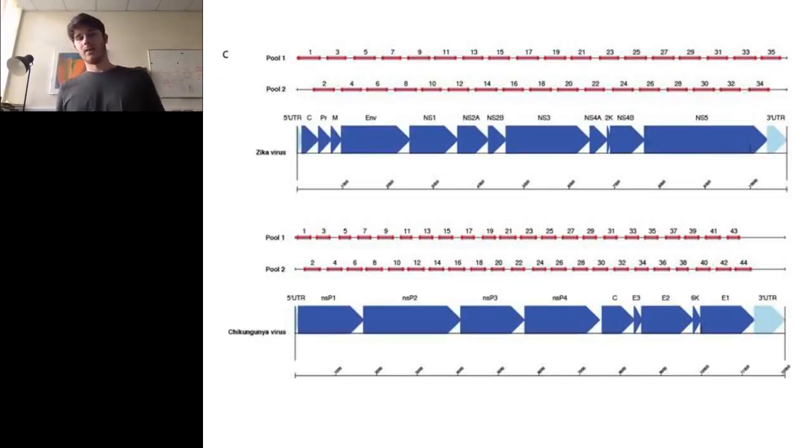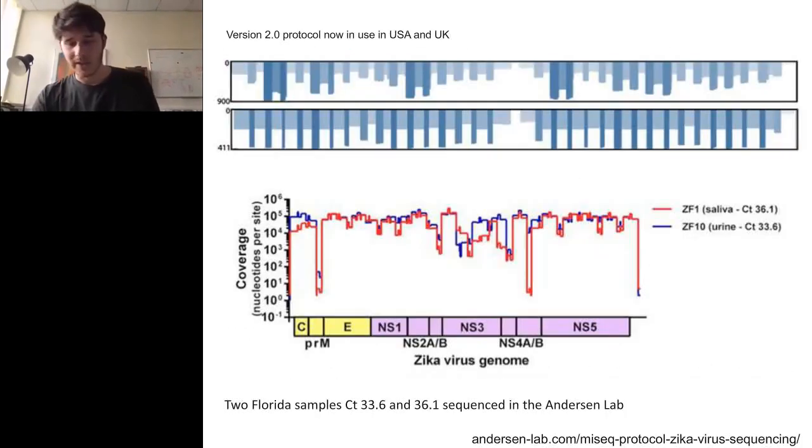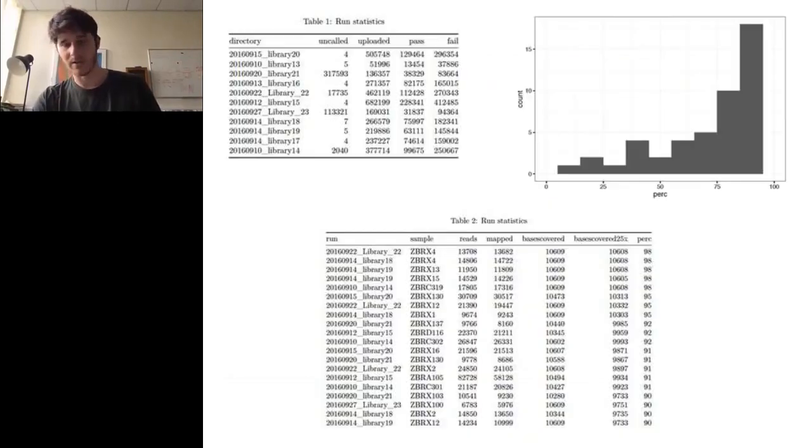And once we implemented this new method, we were really away. This is an example of some data from Christian Andersen's lab, which I just mentioned, where they tested this new method, and basically we were seeing pretty well the whole genome being able to be sequenced from those 2 reactions.